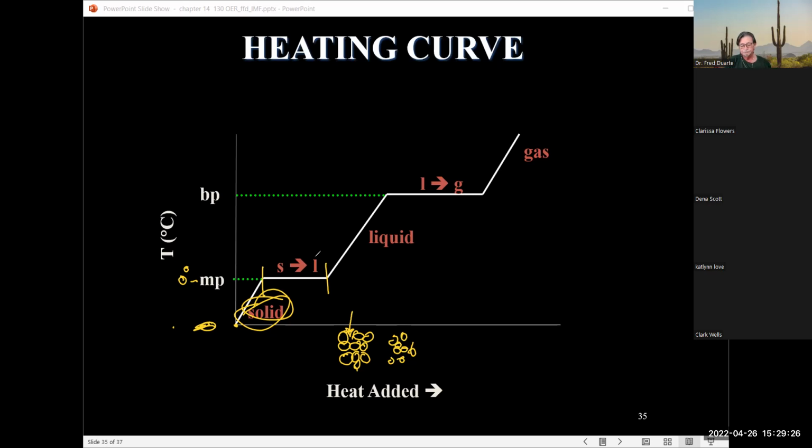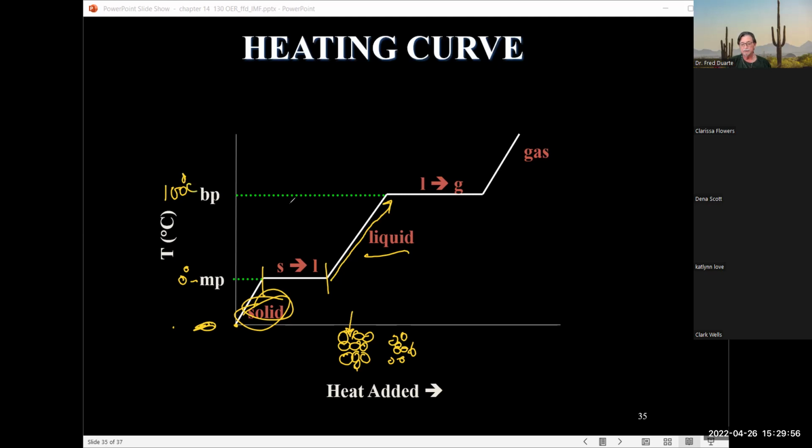So on the first plateau, there's a conversion of the solid to the liquid. When all of the solid has been converted to liquid, guess what? We have another rise in temperature. And on that rise, it's all liquid until we hit the second plateau. And since we're talking about water, that second plateau will be 100 degrees Celsius.